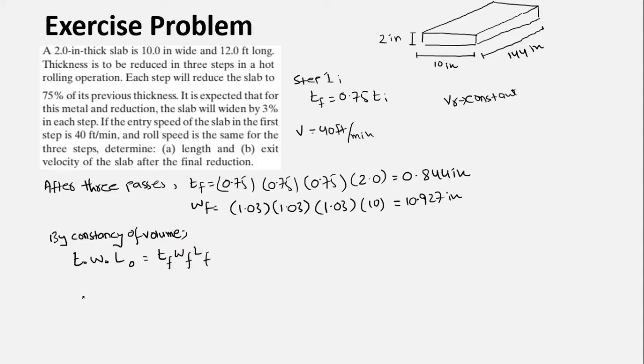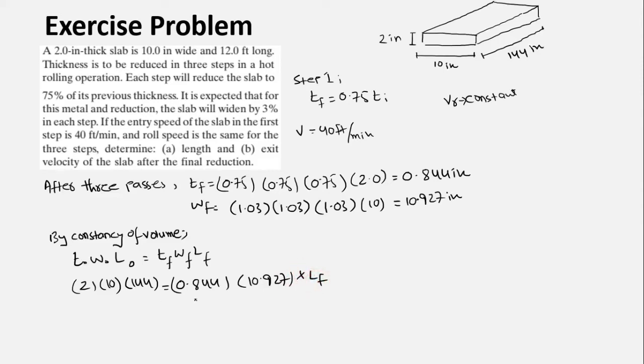So we have 2 into 10 into 144 equals TF, that is 0.844, into WF, that is 10.927, into the final length.